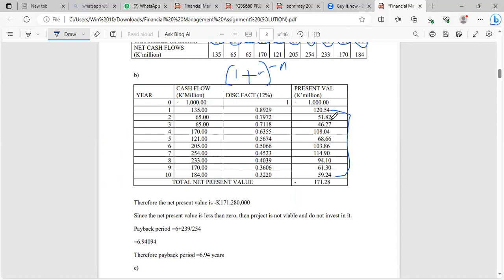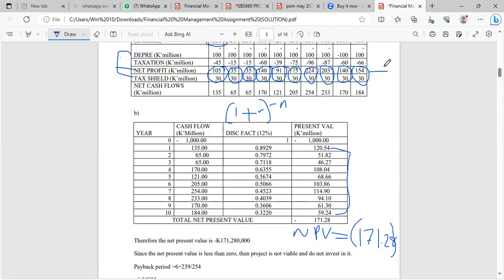Then after adding the sum of present values of all cash flows minus how much we invested in the project, that's our NPV, which is negative here. It's negative 171.28. So don't invest in a project with a negative NPV. You can only invest in a project when NPV is greater than 0.